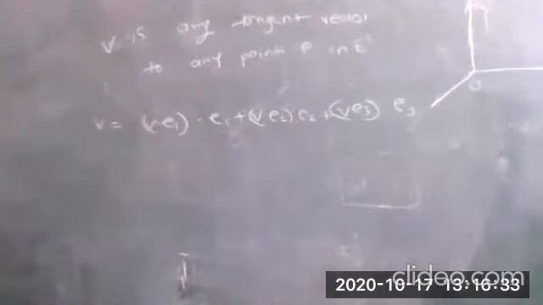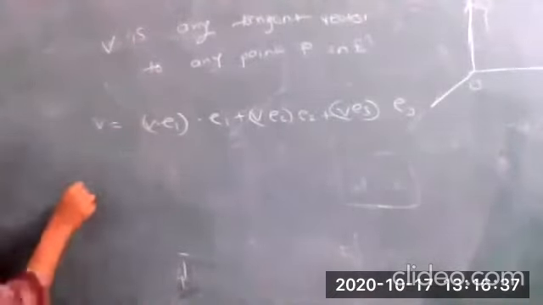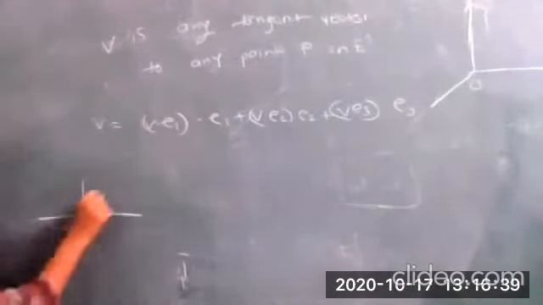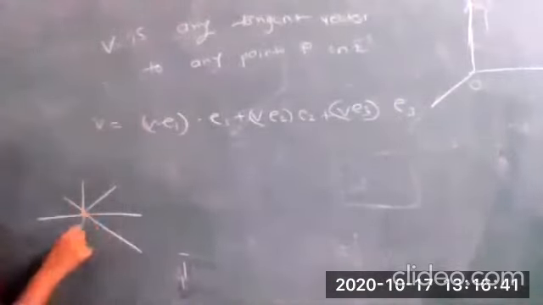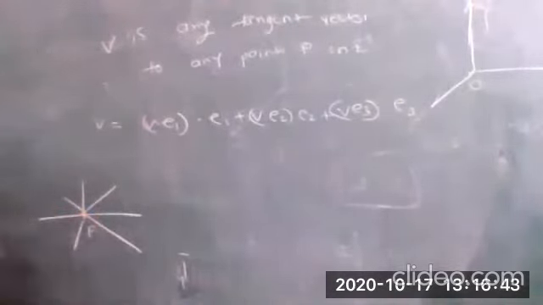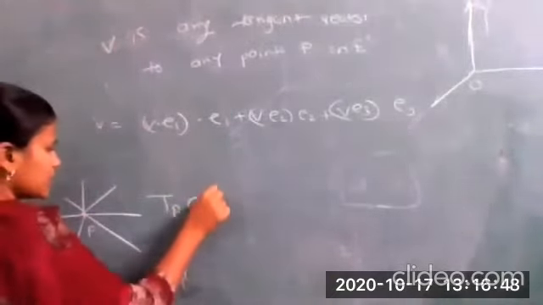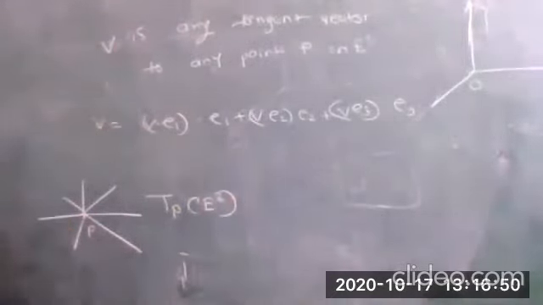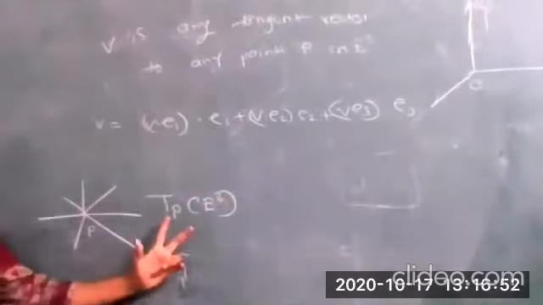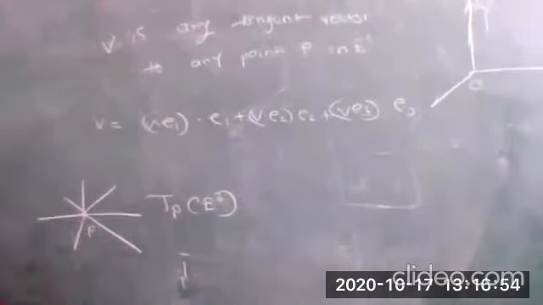Now, those who have studied this may know that at any point P, we can have many tangent vectors, and I am saying this as TP of E3. We can say this is a tangent space. What is a tangent space?